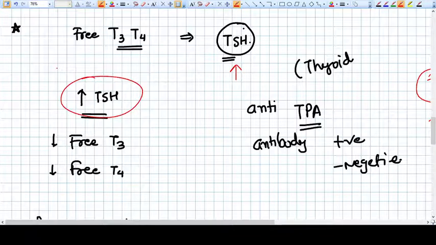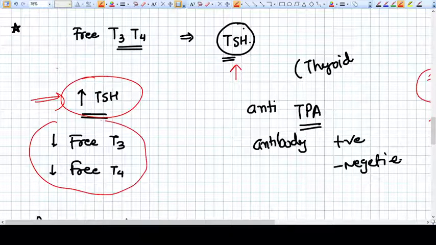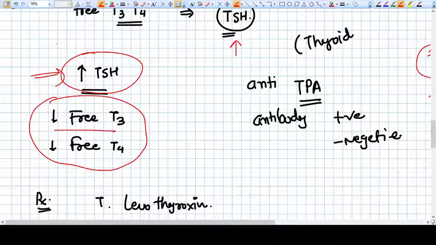If TSH is increased, then you go for free T3 and T4. If free T3 and T4 are decreased, at that time you start thinking of hypothyroidism, and decreased free T3 and T4 levels are diagnostic of hypothyroidism.